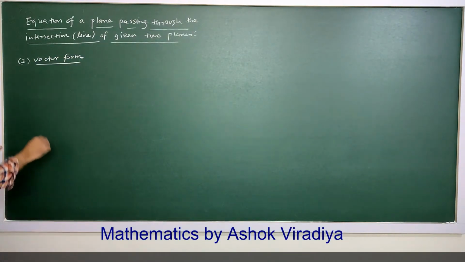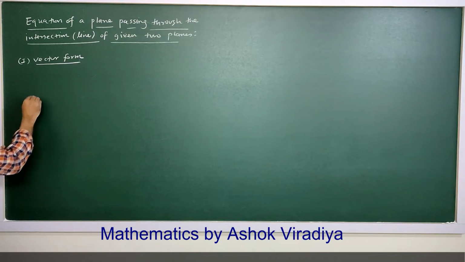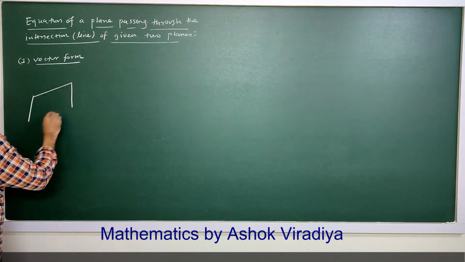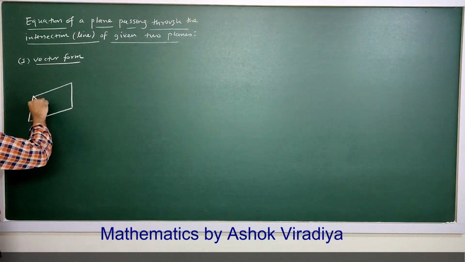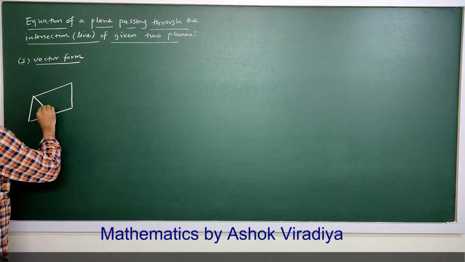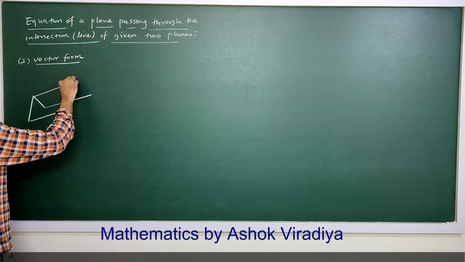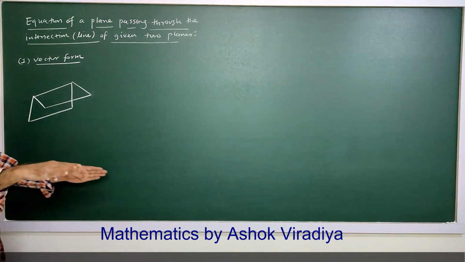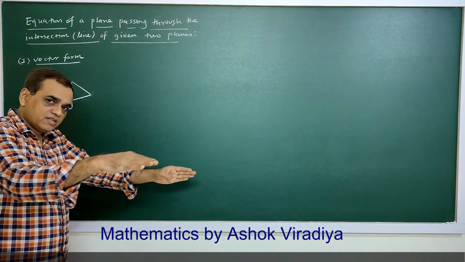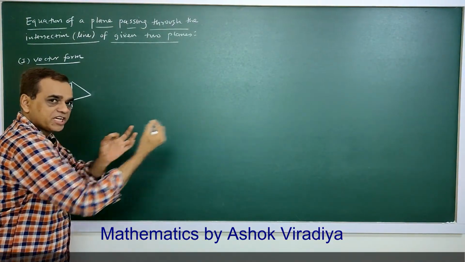Say this is a given plane, and this is another given plane. These are two given planes. When two planes intersect, their intersection is a straight line.